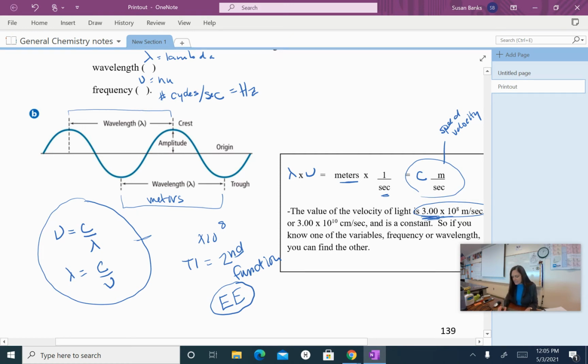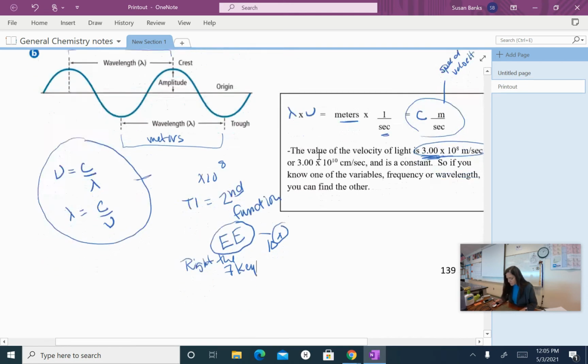That EE symbol is 10 times something to the x, where you can put in the x. So that gives you the scientific notation of 10 to the whatever. So it's right above the 7 key. On most TIs, you should see an EE, and it's a second function. And you're going to want to use that to put in your powers of 10 for these numbers. It makes things a lot easier.